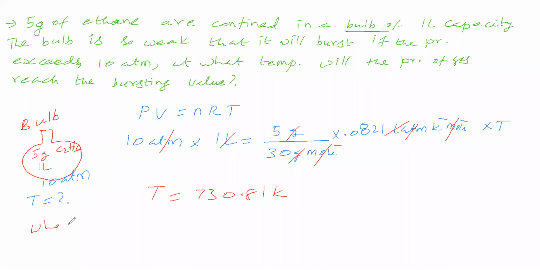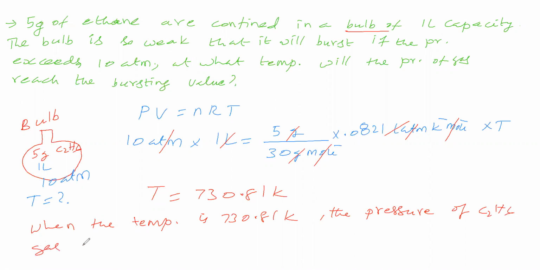So when the temperature is 730.81 Kelvin, the pressure of ethane gas in the bulb is 10 atmosphere. Correct? Now when the temperature is greater than this, pressure will be greater than 10 atmosphere, then the bulb is bursting.